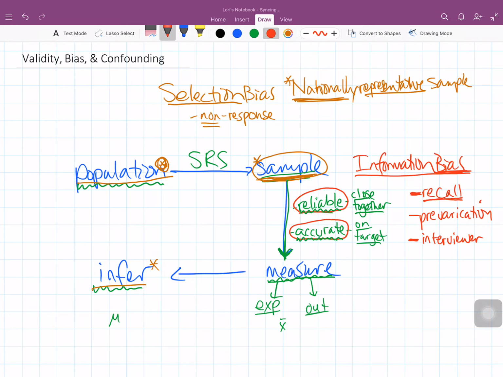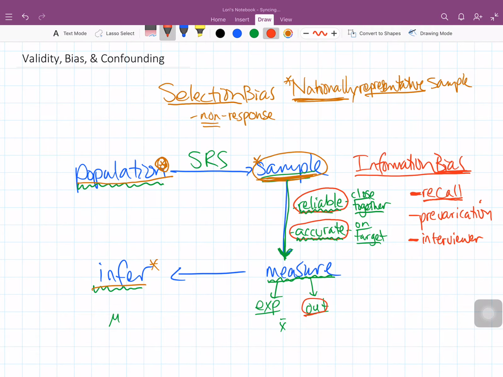And a lot of times when we're collecting information, we try to get that information as accurately as possible. So we might have an interviewer go and fill out the form with the study subject. An example of interviewer bias would be that if the interviewer thinks or knows that the person had the outcome of interest, they may ask questions differently of that particular study subject.